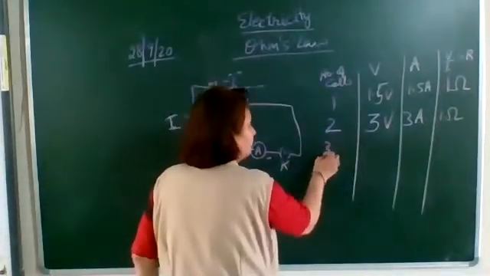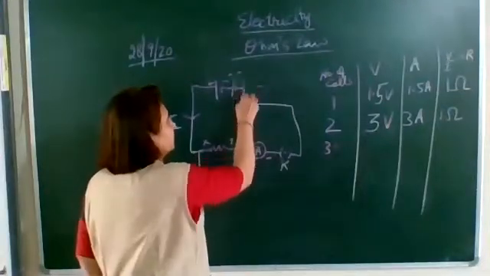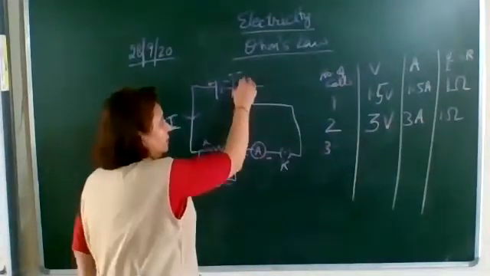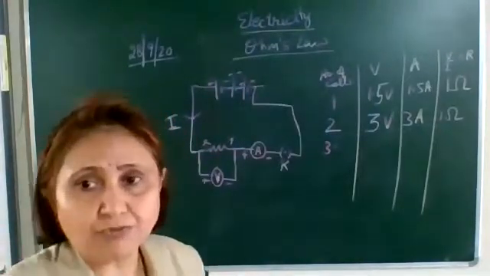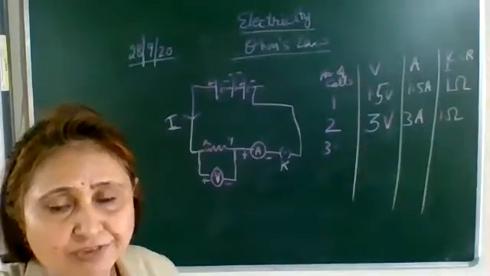Now let us connect three cells in series. Now tell me, what will be the potential difference, or the voltage source, across this XY wire?